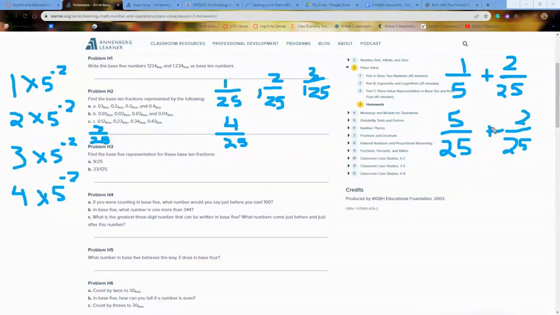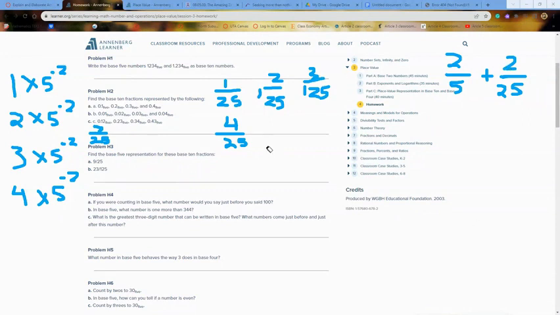You can do the same for this one. I'm going to erase this math over here. And you can use what you remember about base 10. I knew that this was 2/5, so I'm going to put 2/5 here. And then I know this is 3 in the thirds place, so I'm going to do 3 over 25 here.